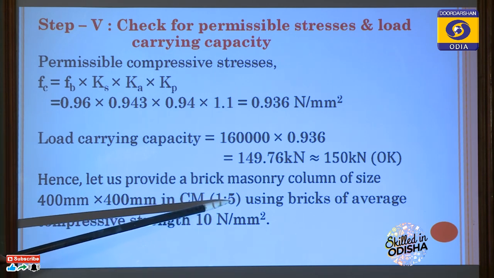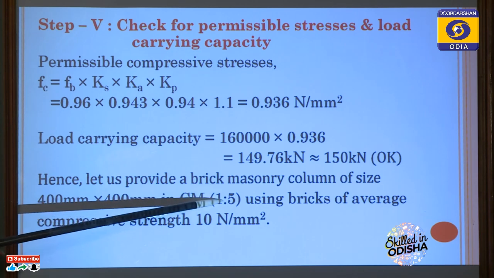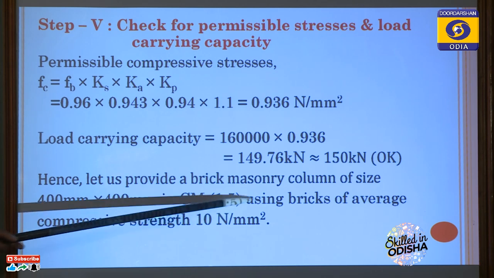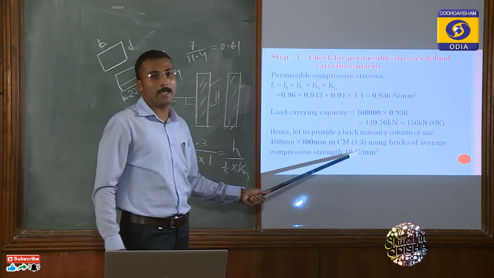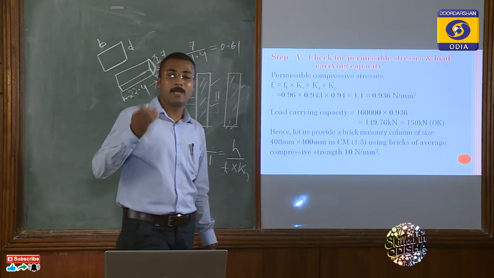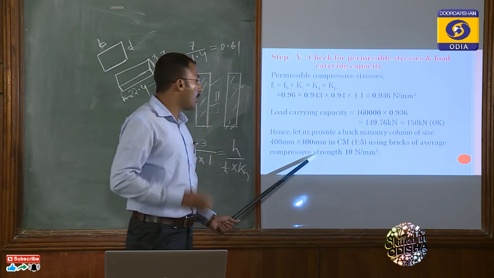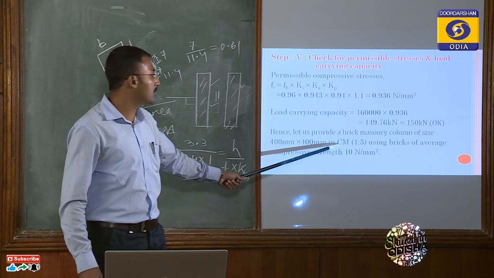It has been mentioned in table 1 of IS 1905 that for M1 grade the cement to sand ratio is 1:5, using bricks of average compressive strength 10 Newton per millimeter square. Whatever bricks we are considering here as masonry units should not have crushing strength less than 10 Newton per millimeter square.